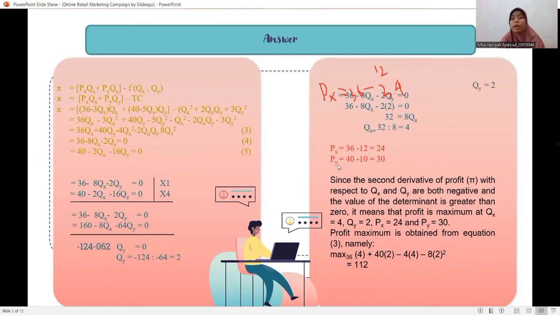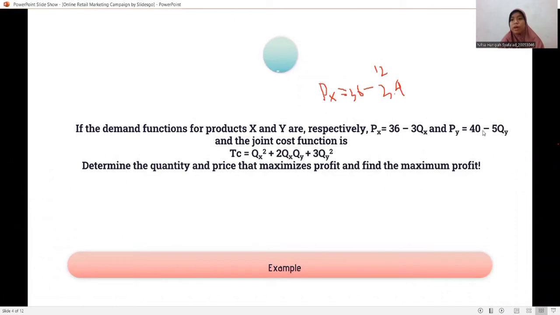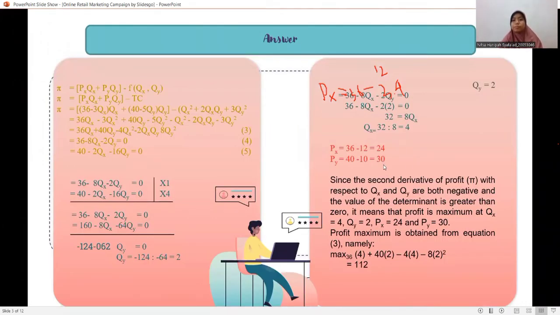And Py is the same. Py equals 40 minus 5Qy, and Qy here is 2. 5 times 2 is 10. That means 40 minus 10. The result is 30.